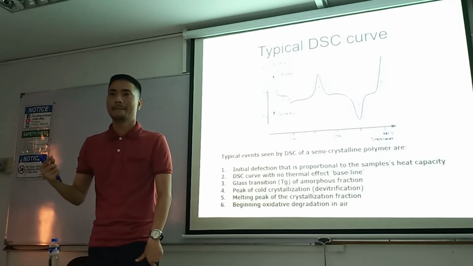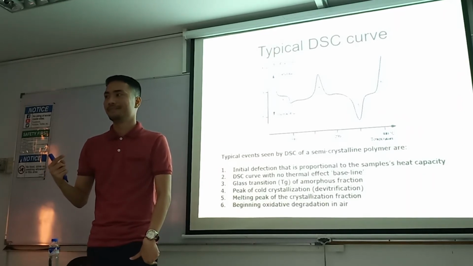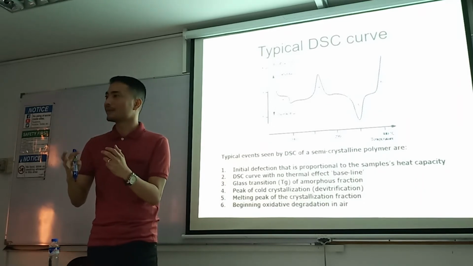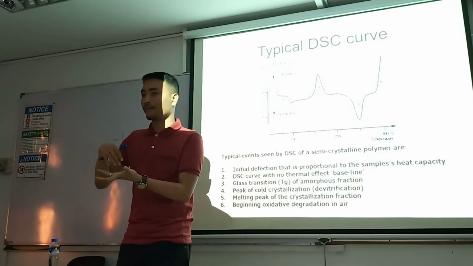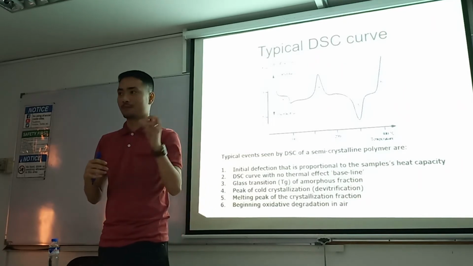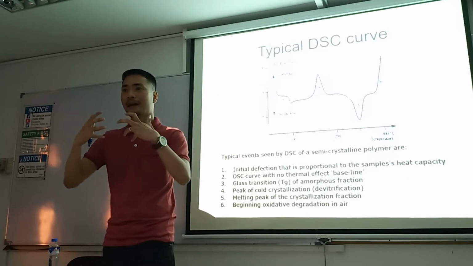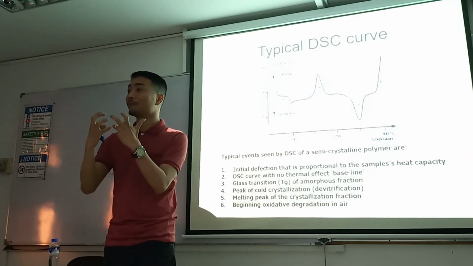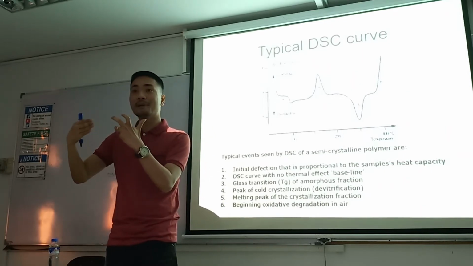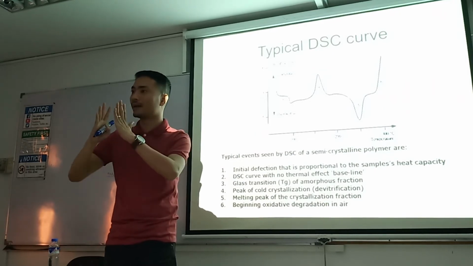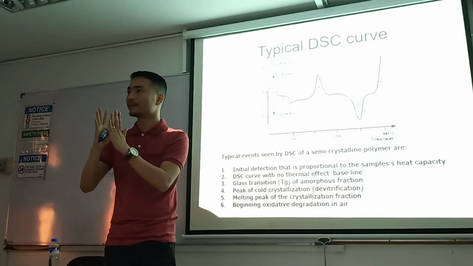Are you getting that? Na-imagine nyo ba nung napigilan yung pag-form ng crystalline regions during the fabrication of polymers from the monomeric species? Kasi ang bilis magbago ng temperature, di ba? Sobrang bilis yung paglamig nila, hindi na sila nakapag-form ng crystalline regions.